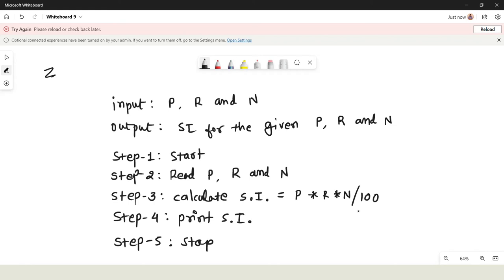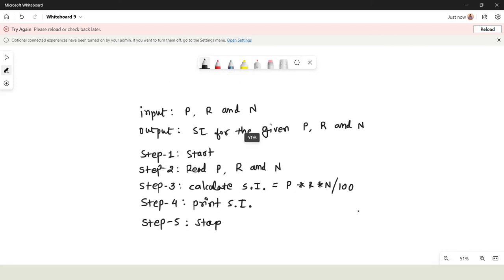Is that clear? So this is a very simple solution for the given problem. So what is that? An algorithm to find the simple interest.